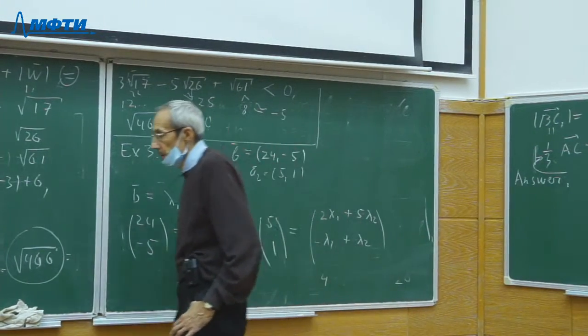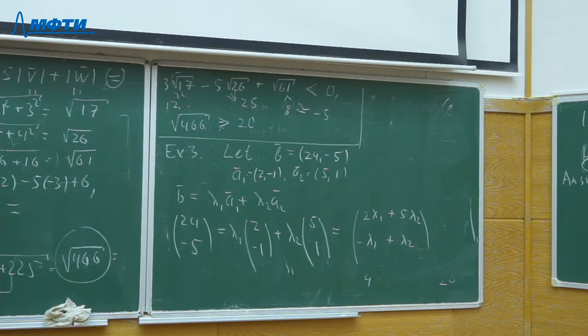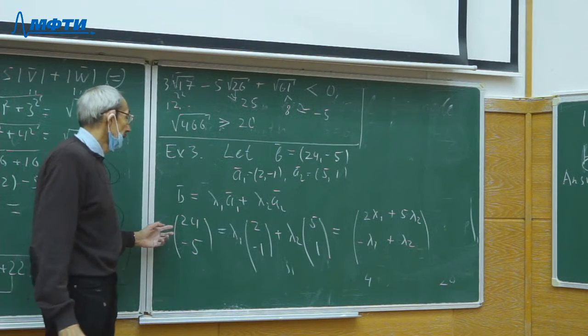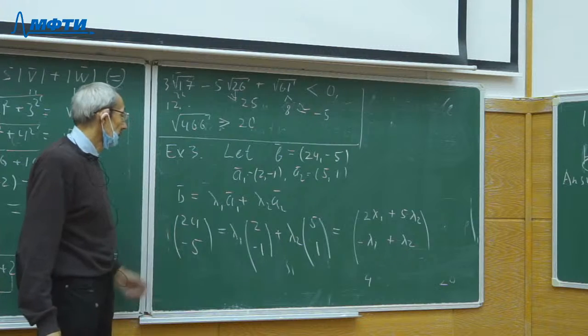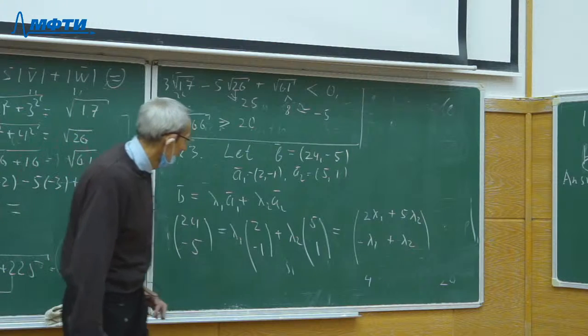These vectors are equal if and only if their corresponding coordinates are equal.